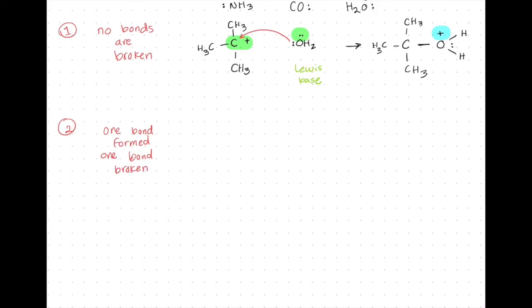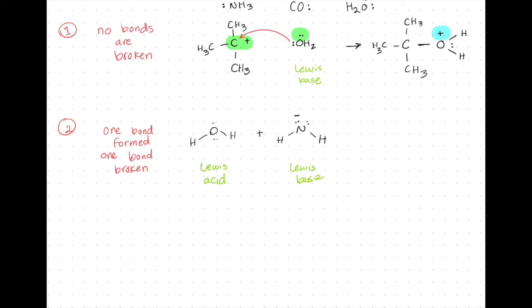And a good example of that would be water reacting with NH2 negatively charged. So in this case, notice how in the second case, water is going to act as a Lewis acid because it's going to accept the electron pair from the Lewis base, which is the nitrogen, the NH2-. So we have the Lewis base here.